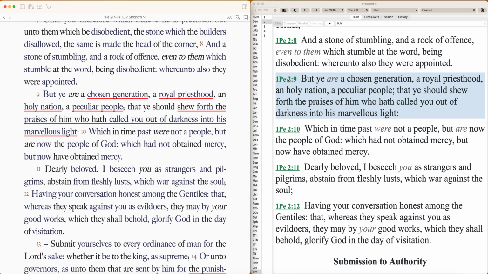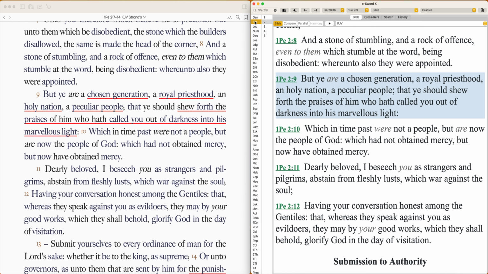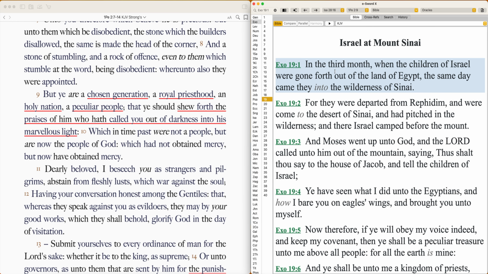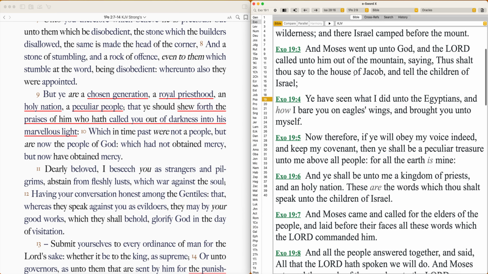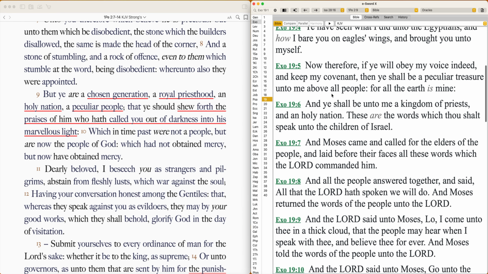And I'm going to go to where this was actually quoted from. This is quoted from the book of Exodus, chapter 19, verse 6. Let's start at verse 5: "Now, therefore, if you obey my voice indeed and keep my covenant, then shall you be a peculiar treasure unto me above all people.